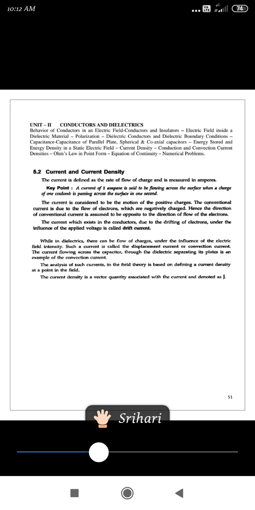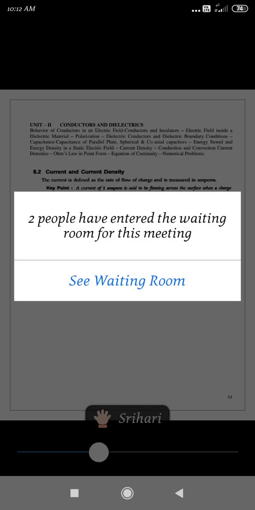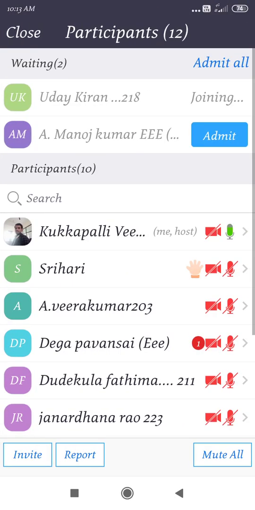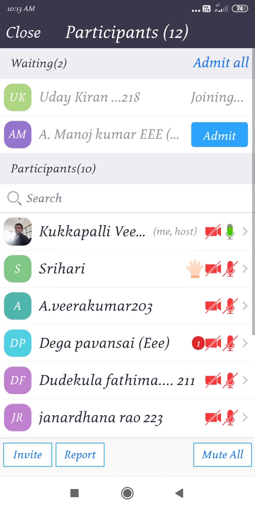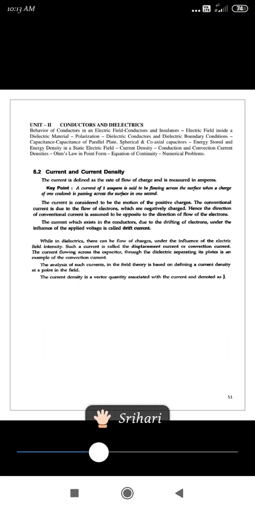The current which exists in a conductor due to the drifting of electrons under the influence of an applied voltage is called drift current.